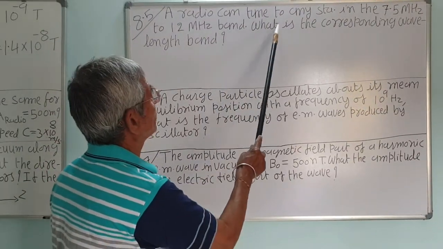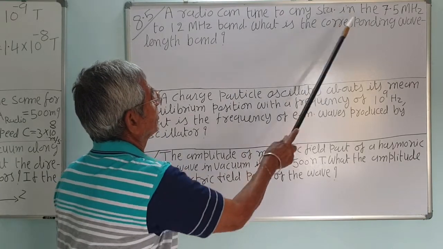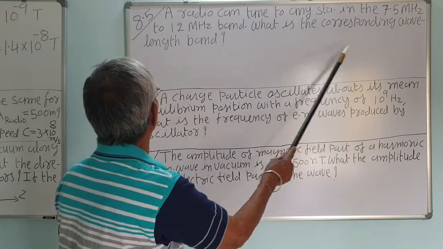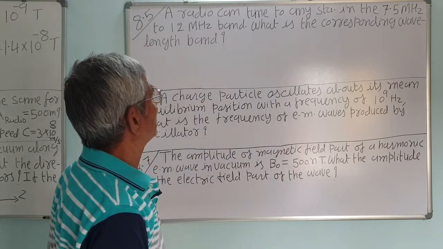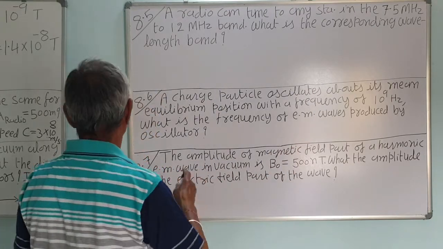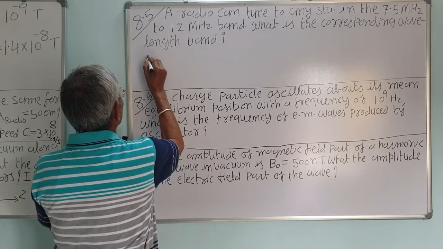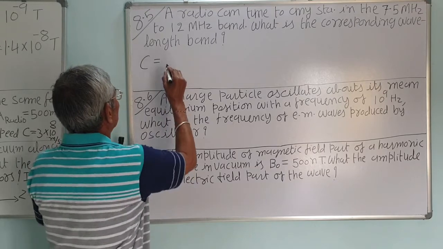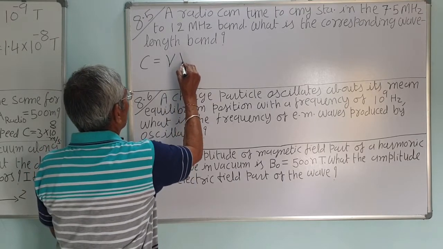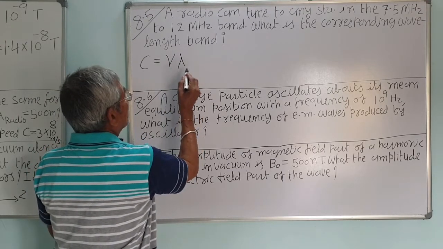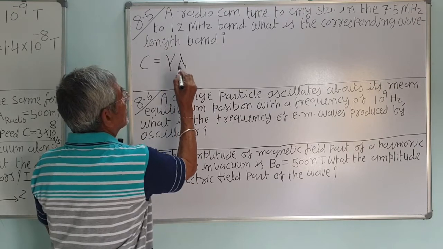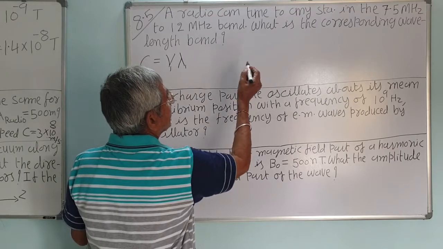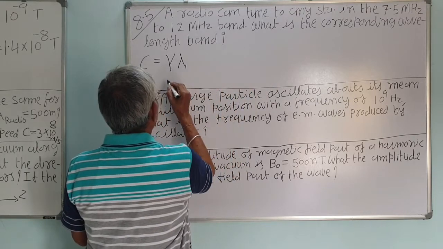A radio can tune to any station in the 7.5 megahertz to 12 megahertz band. What is the corresponding wavelength band? We know all electromagnetic waves travel with the velocity of light, c, which is equal to nu lambda. For the first wave, say nu 1 and lambda 1, the frequency is 7.5 megahertz.